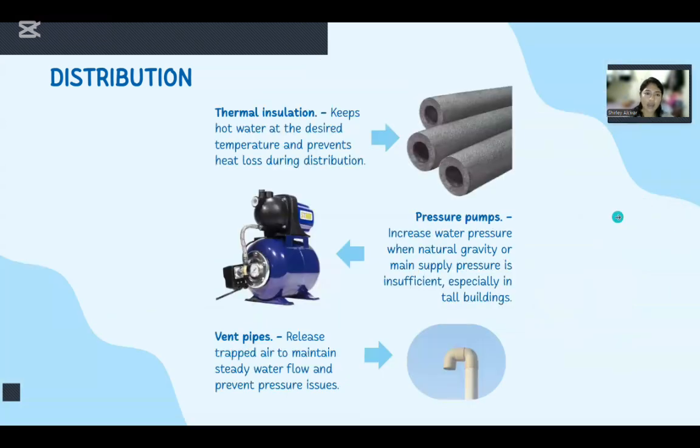Then we have the thermal insulation that keeps hot water at the desired temperature that the person requires. The pressure pumps increase water pressure when natural gravity or the main supply pressure is insufficient. The vent pipes release trapped air to maintain a steady water flow and prevent pressure issues.